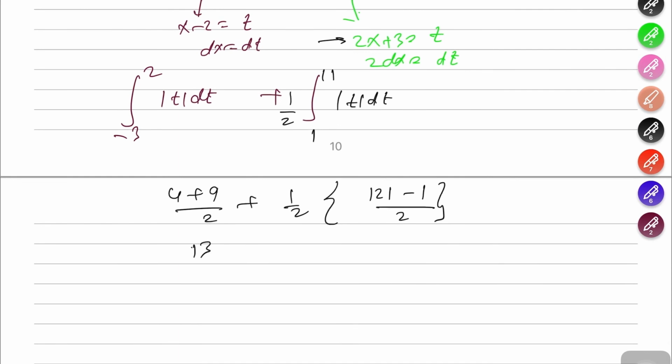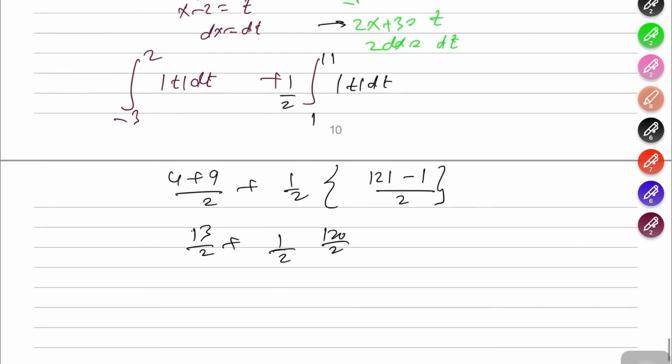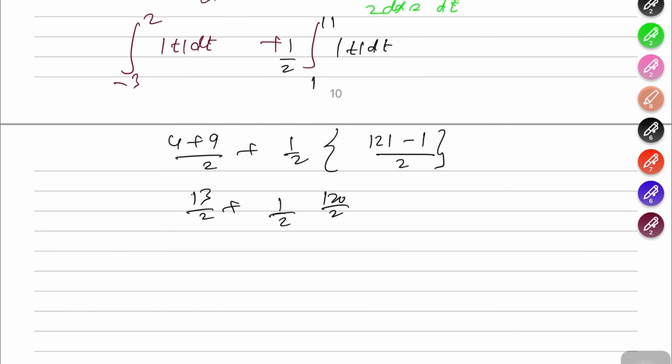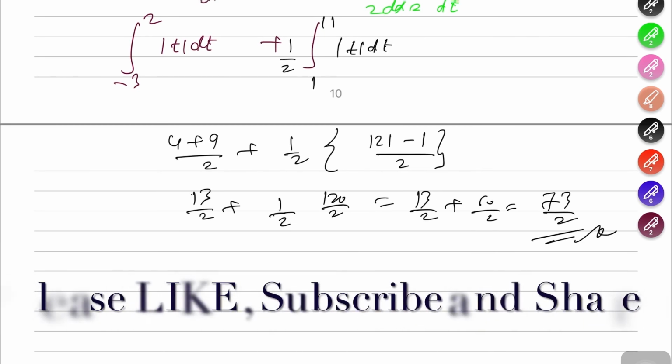So this is 120 by 2, and that is 60 by 2. Now we simplify it: 13 by 2 plus 60 by 2, that is 73 by 2. That is the answer.